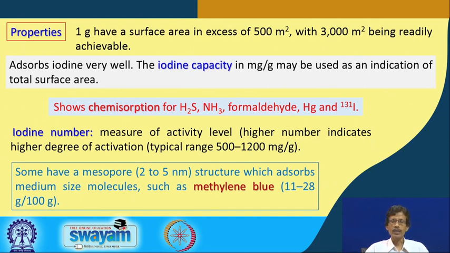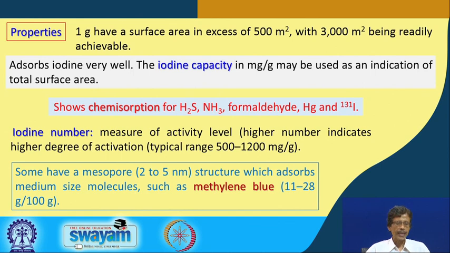One such most important molecule is methylene blue. As a typical inorganic or organic chemist, you know the structure of methylene blue. It is a very large flat molecule having 3 adjacent rings. When you pass methylene blue through activated carbon, it can be adsorbed.